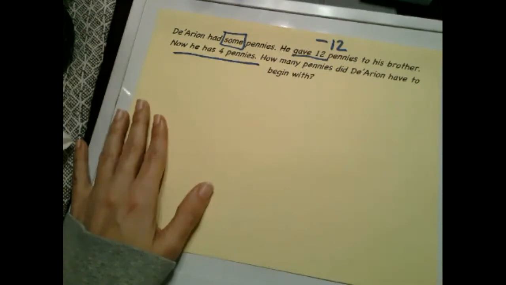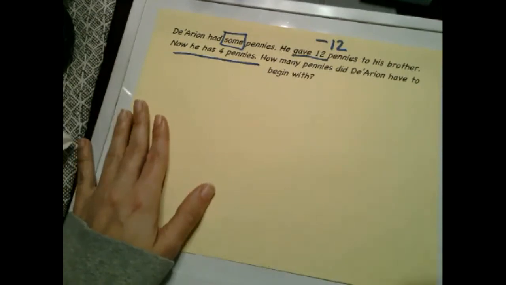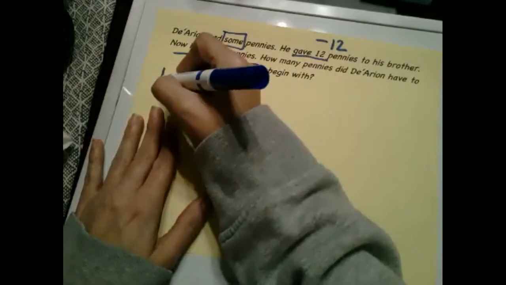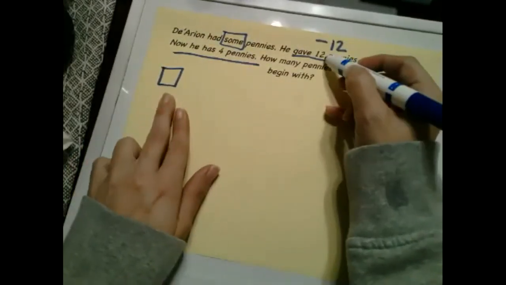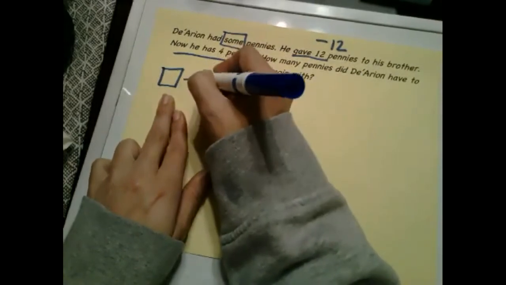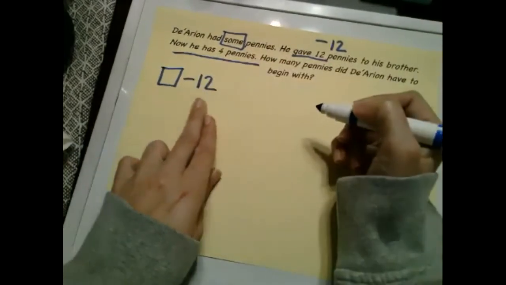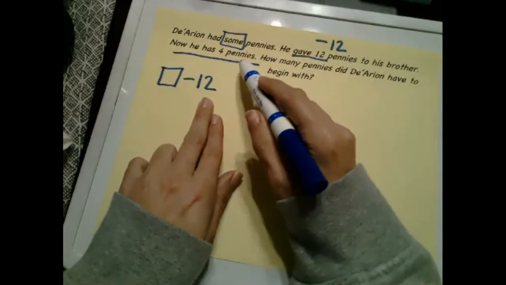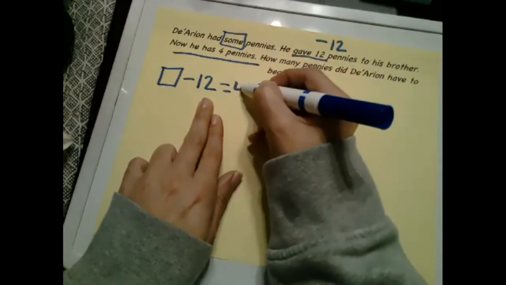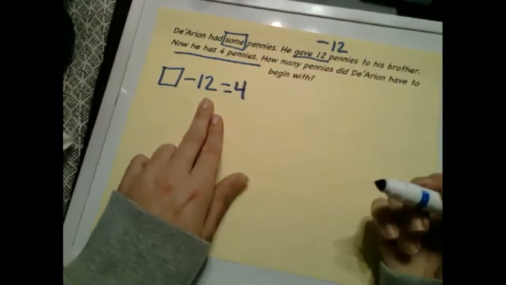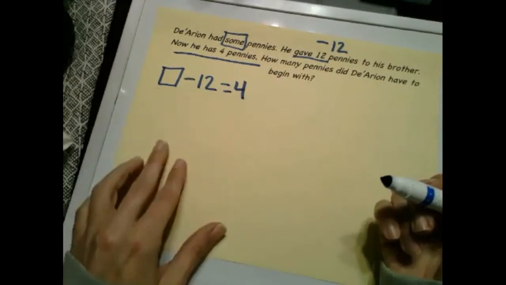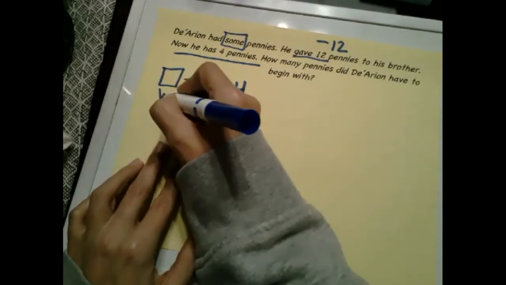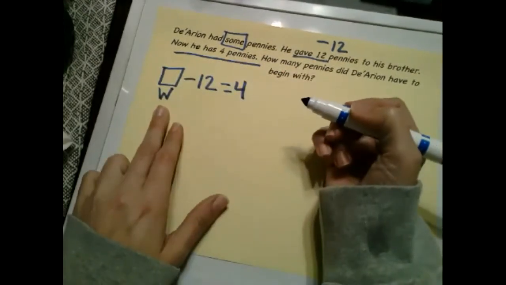Great thinking, guys. So I had some. I'm not sure what that number is yet. He gave 12 away, so minus our 12 that he gave away, and now he has 4. So remember, anytime we're subtracting, our whole always is first. So we will be trying to find our whole.